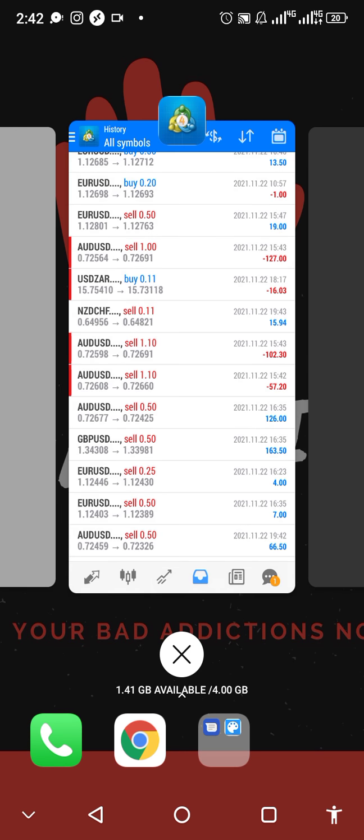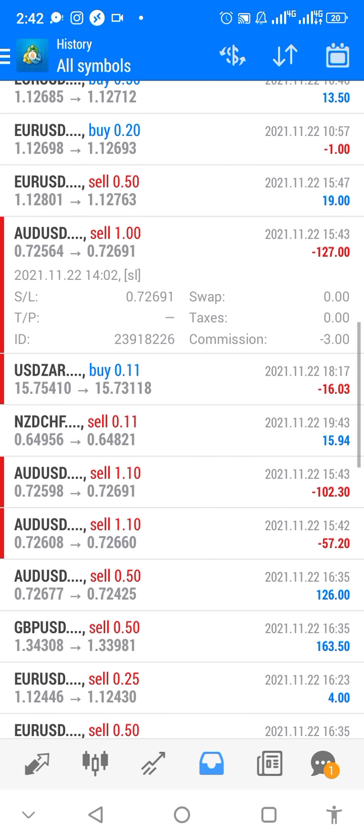Here, I think I can try and track the very point. Let me check the point I entered the trade, so I'll be able to show you the exact point and what really happened.